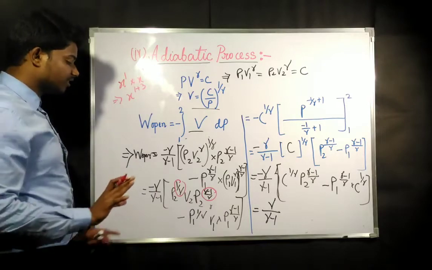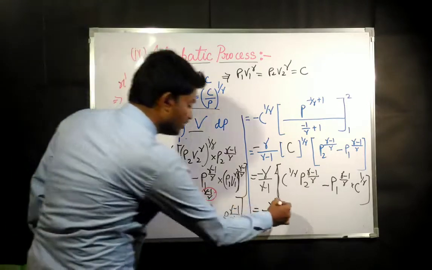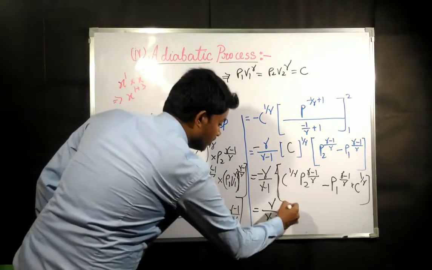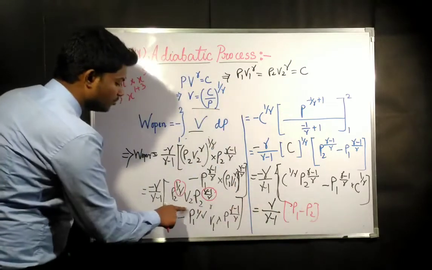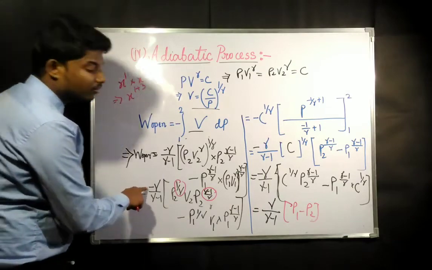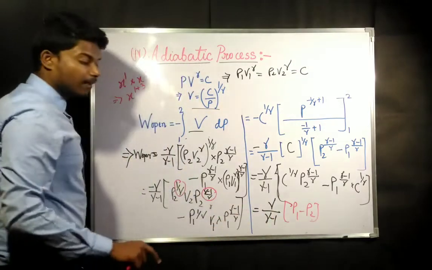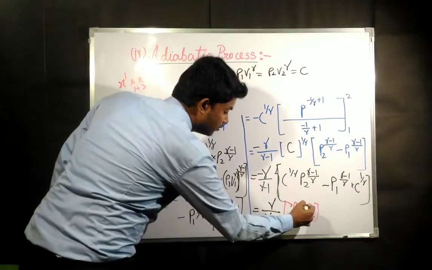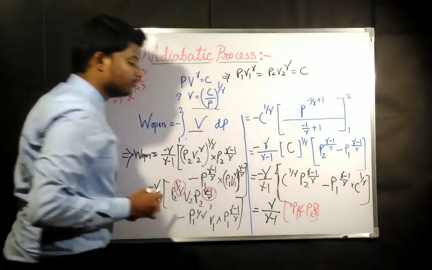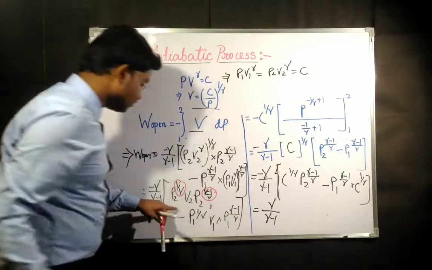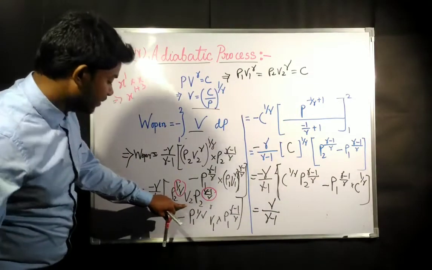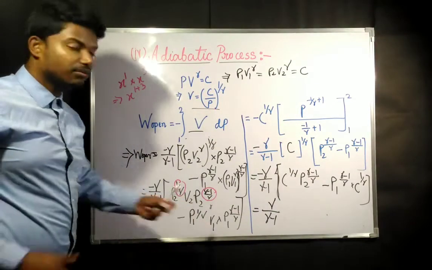Okay, so the final expression which we are going to get is gamma to the power gamma minus 1 into P1 minus P2. Here it is P2 minus P1, but the negative sign is there. We are multiplying this negative sign, so we will get, sorry, P1 V1 minus P2 V2. Okay, I'll write it clearly, because V2 is going to be same and V1 is also going to be same.